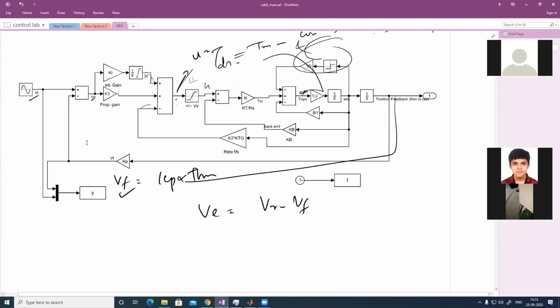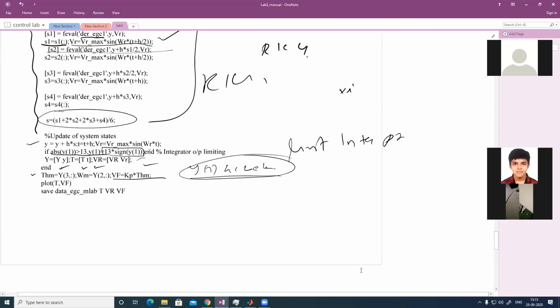That will be exactly equal to this with the step size 0.001, using fixed step, and for the input you have to choose what is given in your procedure. If you are using only y, plot t comma y, and this plot will be exactly equal.